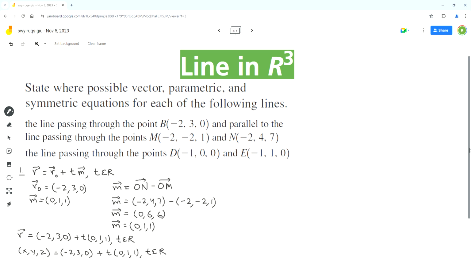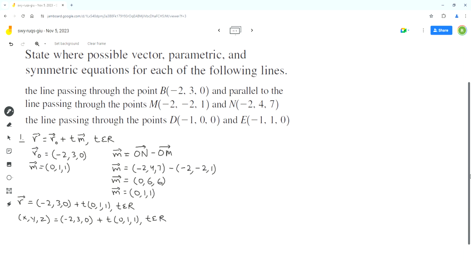Now we have to break up this vector equation into the parametric equations. So let's start with the x equation. We have to use the x components in these three vectors. And we'll multiply the components of the direction vector 0, 1, 1 by t.